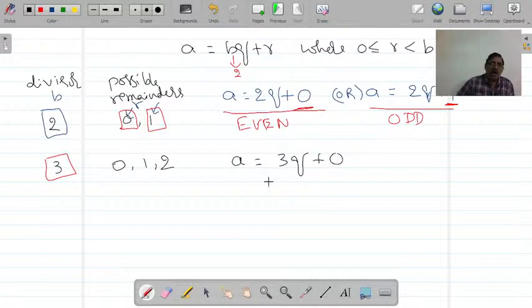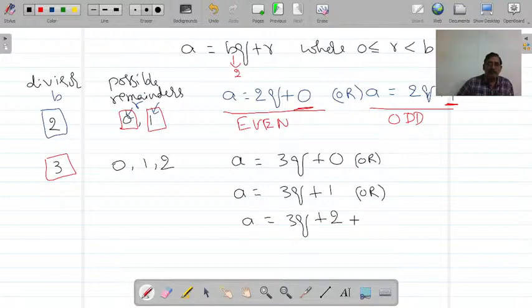Or what is the other one? Can you tell me now? The other one is A equals 3q plus 1, or A can be 3q plus 2. Yes, 0, 1, 2 are the possible remainders.